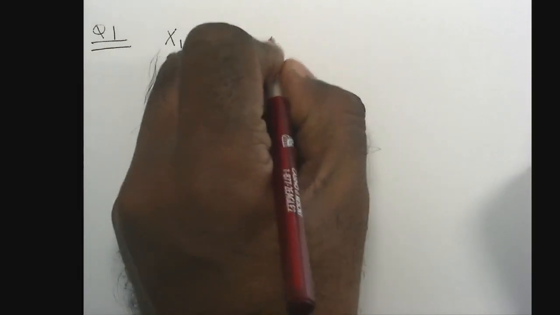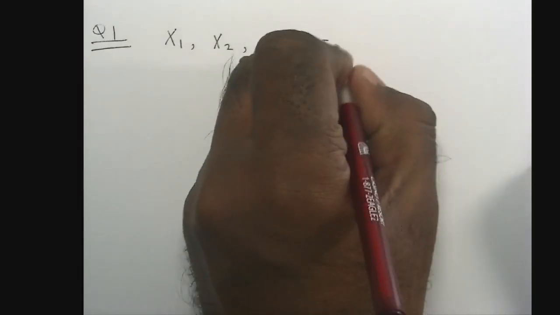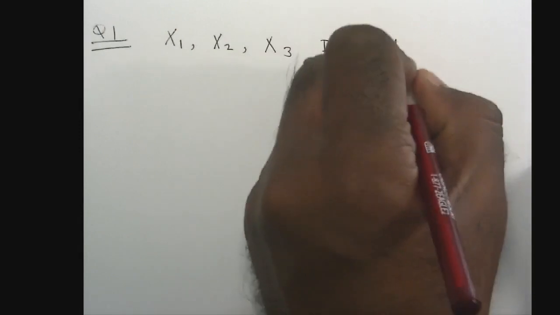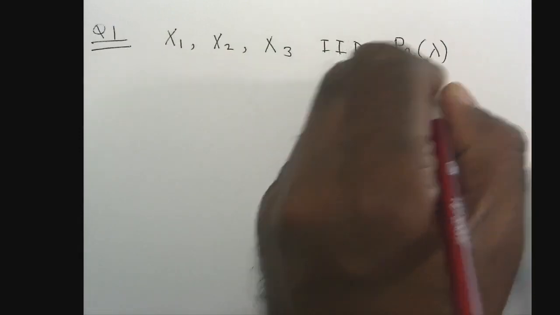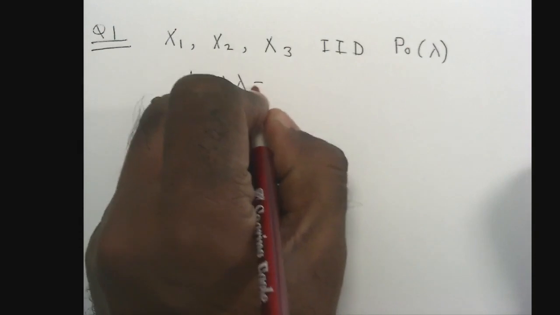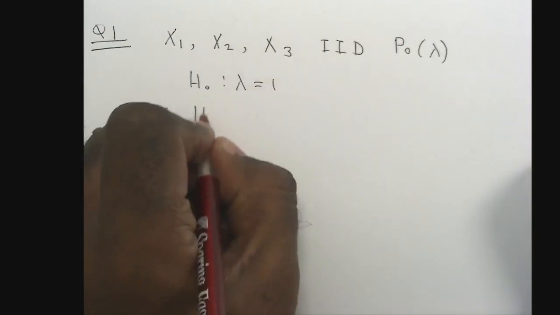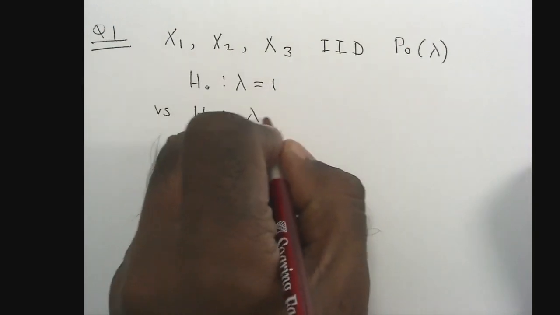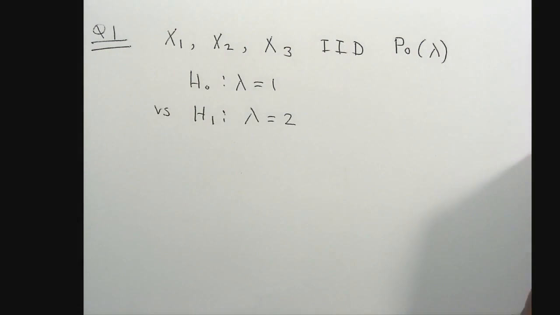All right. In question 1 you have 3 observations from a Poisson distribution with parameter lambda, and we want to find the most powerful test. Remember the term most powerful means any test obtained using the NP lemma is a most powerful test.